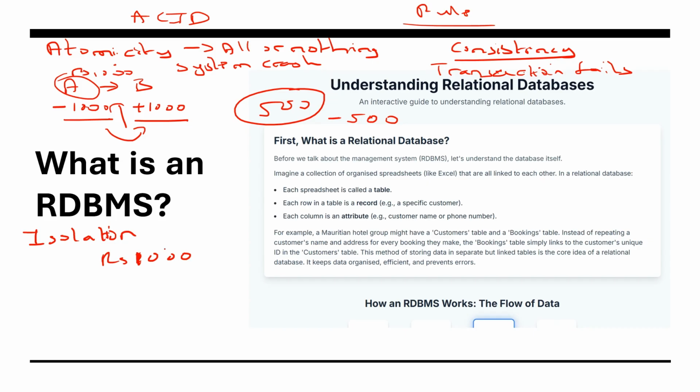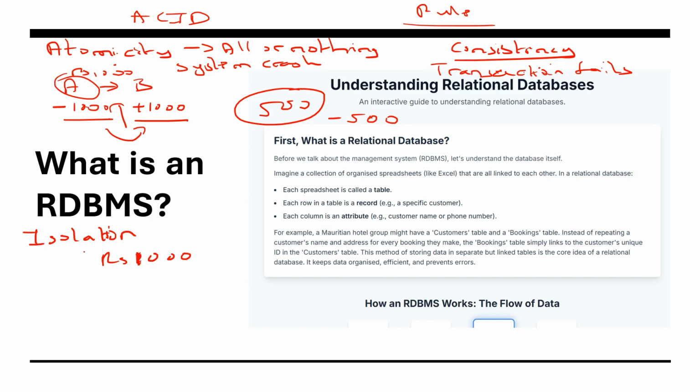And normally, both of us are using our mobile separately, but are making the transfer for certain reason. Let's suppose we've done the transfer at the same time. So let's suppose I'm doing the transfer at 8 p.m. and my wife is doing the transfer at 8 p.m. of the same amount of 1,000 rupees.